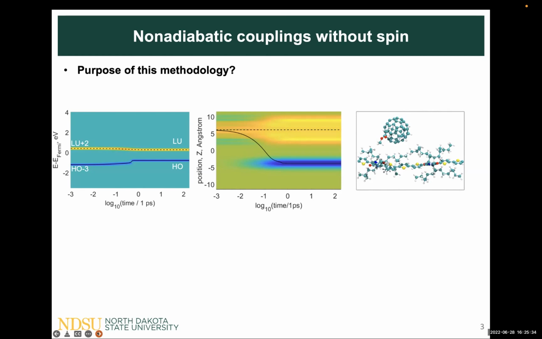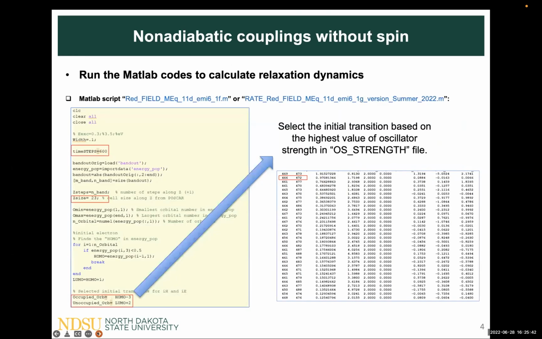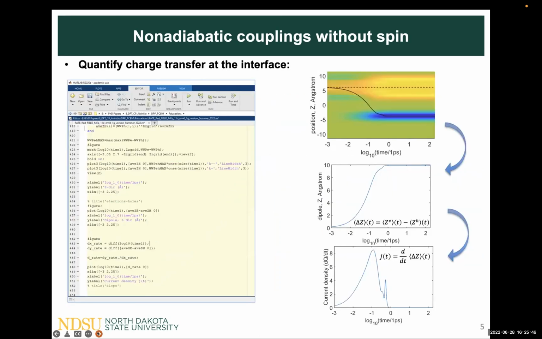But in this presentation we are going to use another method, as Hadassah presented. Dr. Klin, can we go next? We can skip this one. As you can see on the right, the difference between positive and negative charges gave us the dipole, and the derivative of that dipole gave us the current density.